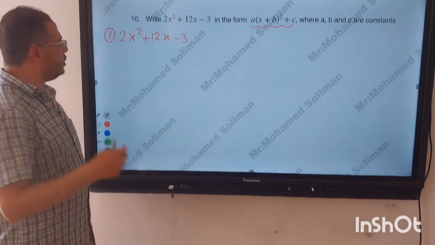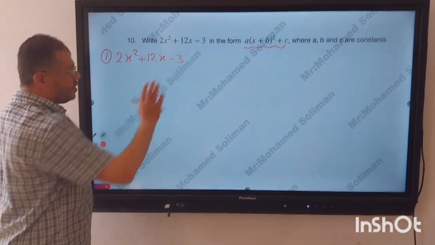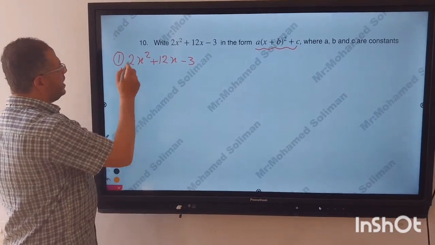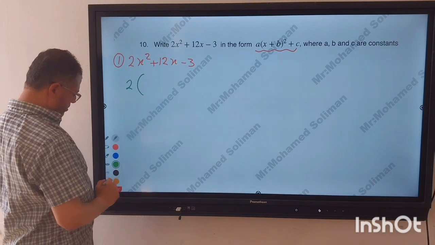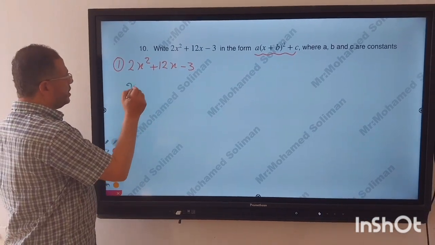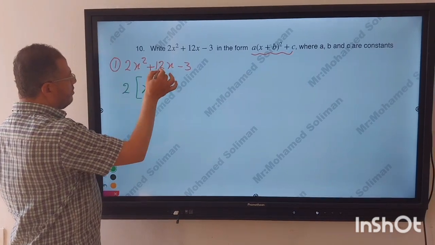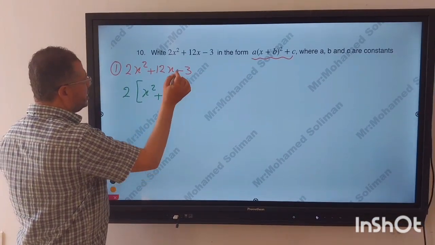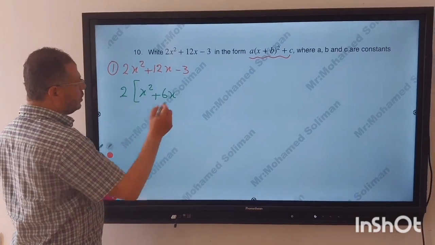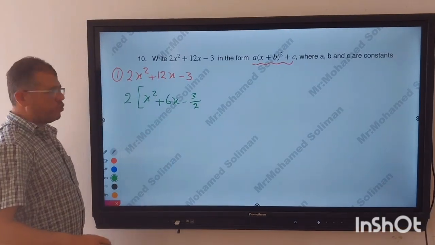So I prefer to take the common factor of all the terms of the quadratic formula. Let's see. I have here 2, open bracket, then x power of 2, then 12x divided by 2 will be 6x, negative 3 divided by 2 will be negative 3 over 2. Keep it like this as a fraction, no problem.